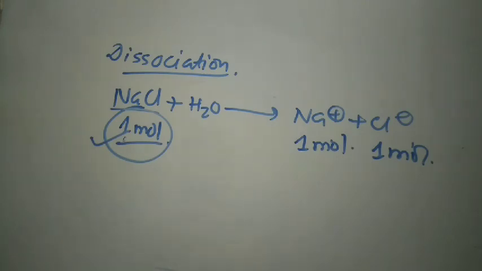So that's why we use i instead of just writing the simple formula. That is to be mentioned in your question. Otherwise you use the same formula, pi equals CRT. But if you are instructed to use the Van't Hoff factor, then you use pi equals iCRT.